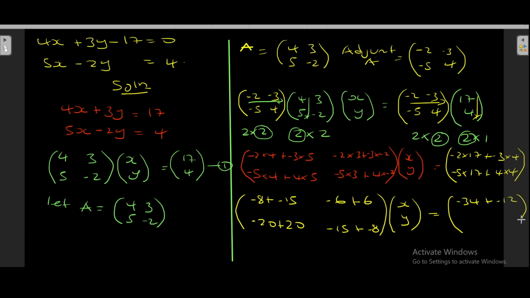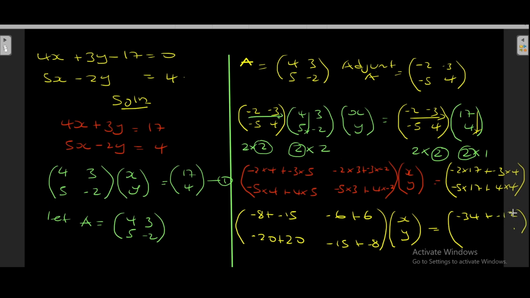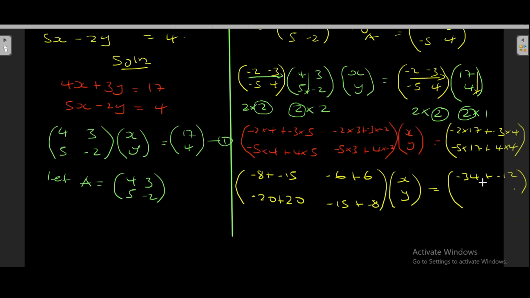Then we close that bracket. Then if we move further here, negative 5 times 17 is going to give us negative 85, plus 4 times 4, which gives us 16.